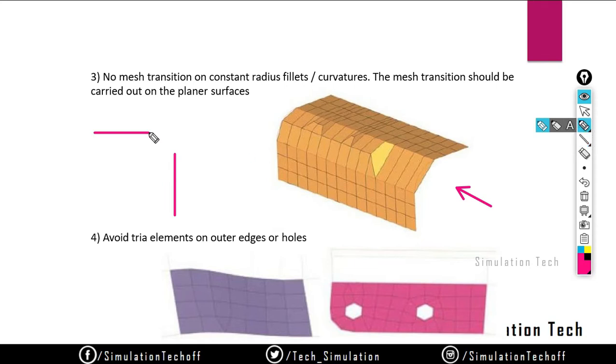There will be a fillet like this. When you have a fillet like this, it is always recommended to create a mesh on a fillet at least 2 layers. 2 layers means this: 1 layer, or you can say 2 elements.